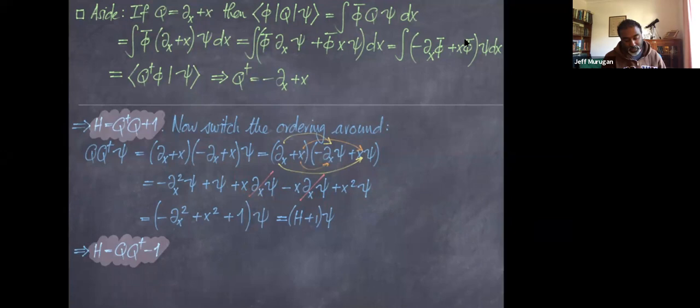And so what's left is this, this, and this, right? Now, in all cases, I have this psi, and I can take the psi out to the right as a common factor. And then I'm left with the second derivative term, the x squared term, and here's this 1. This is where the 1 comes in.